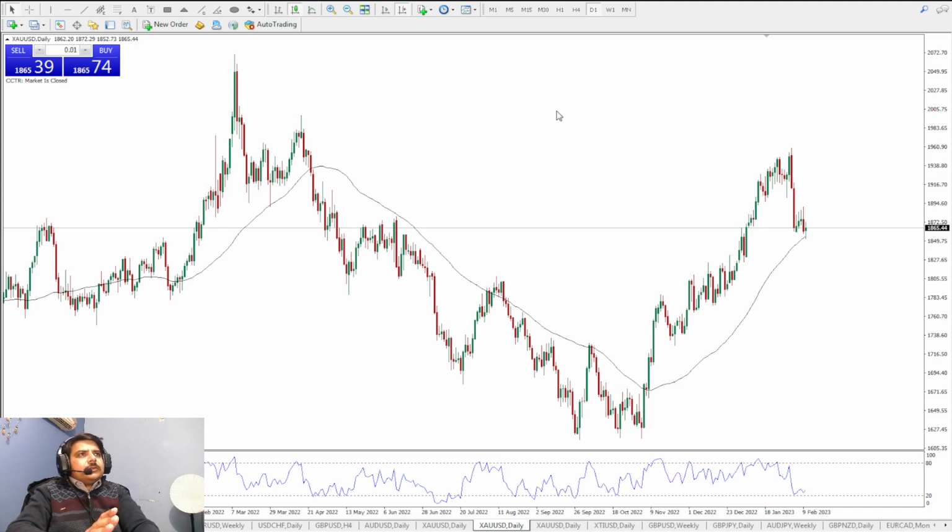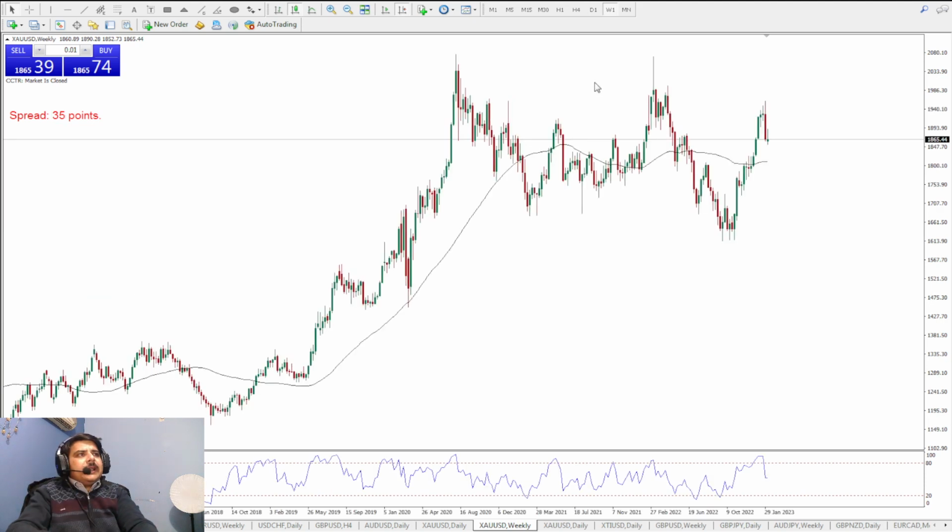So on the gold, first thing first, let's have a look at the weekly chart. Do you see anything special right here? Obviously, when you open a chart, you have to look at it.